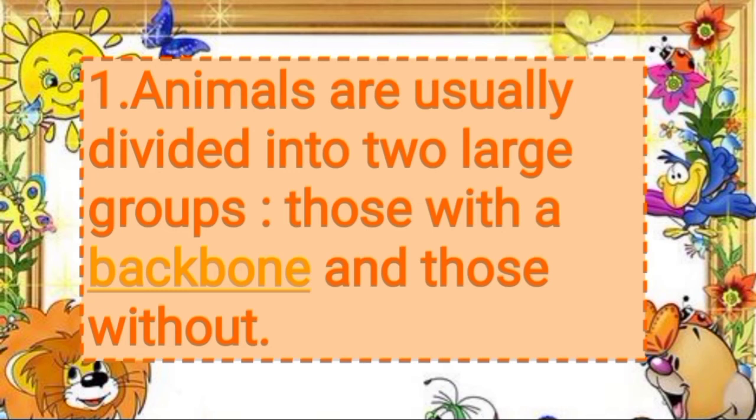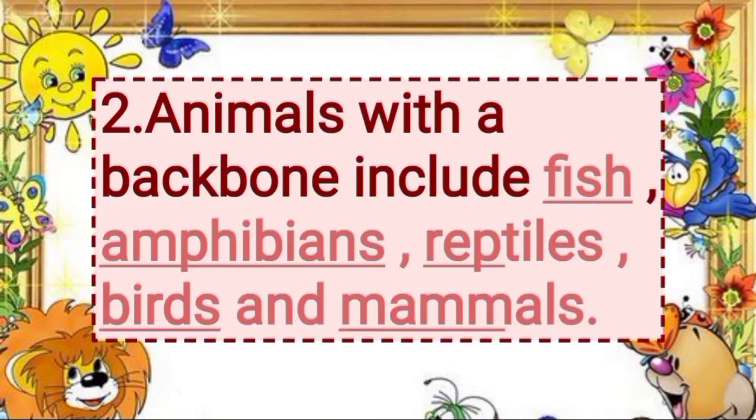So as you know, based on the absence or presence of backbone, animals can be divided into two groups, which are animals that do not have a backbone, which are invertebrates, and animals that have a backbone, which are vertebrates.